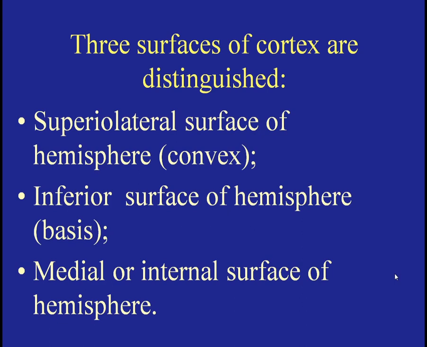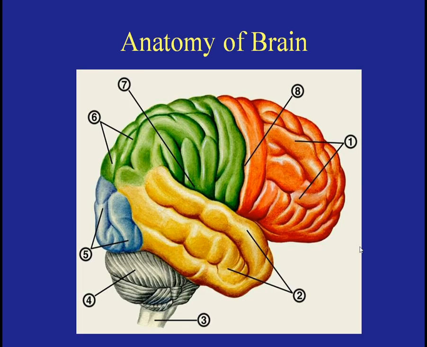Three surfaces of cortex are distinguished: superior lateral surface of hemisphere, or convex or convexital surface, inferior surface of hemisphere or basis, and medial or internal surface of hemisphere. I want to show this is the superior lateral surface of hemisphere or convex.